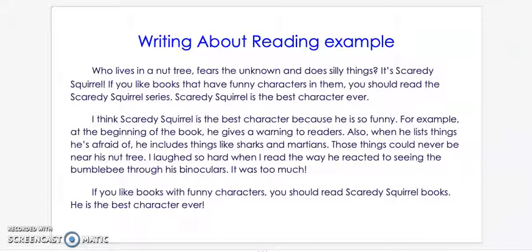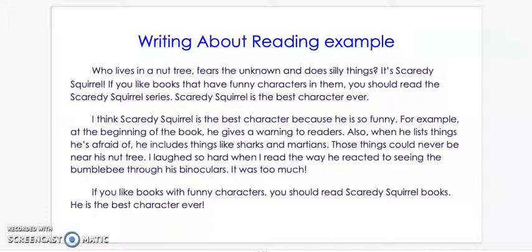For example, at the beginning of the book, he gives a warning to readers. Also, when he lists things he's afraid of, he includes things like sharks and Martians. Those things could never be near his nut tree. I laughed so hard when I read the way he reacted to seeing the bumblebee through his binoculars. It was too much. If you like books with funny characters, you should read Scaredy Squirrel books. He is the best character ever."